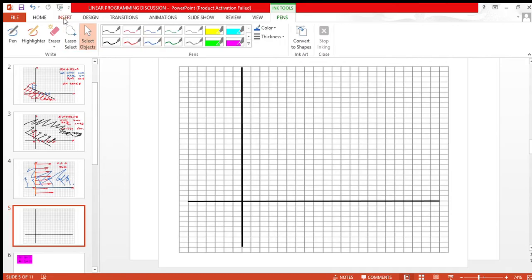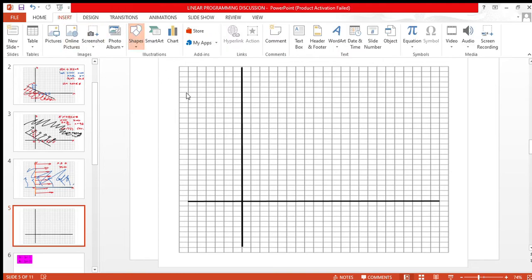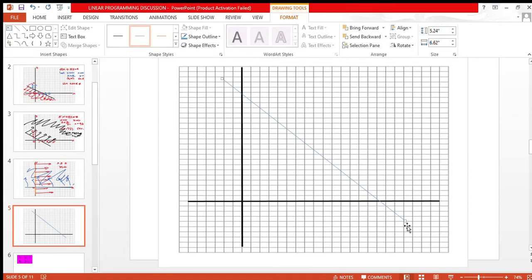And to consider our feasible region, for example, let's say for this Cartesian plane, we have this as one condition given in the problem.